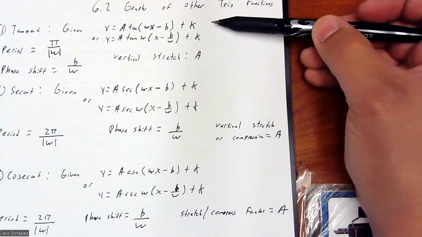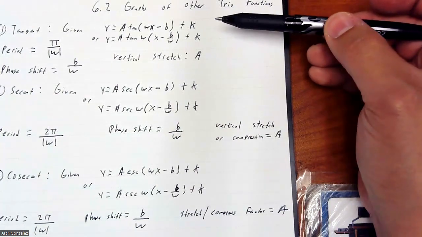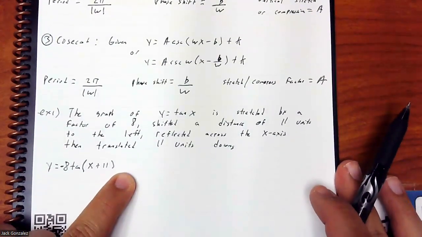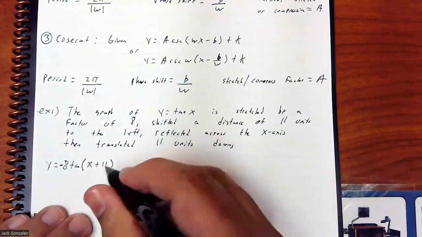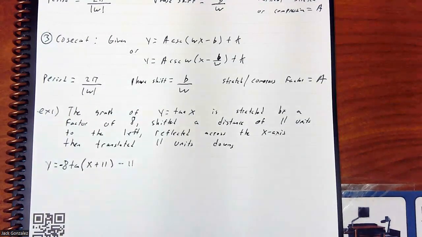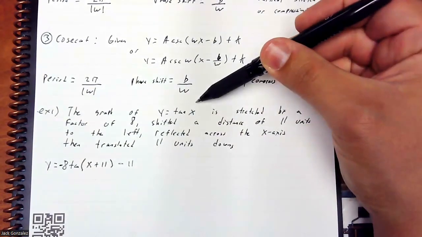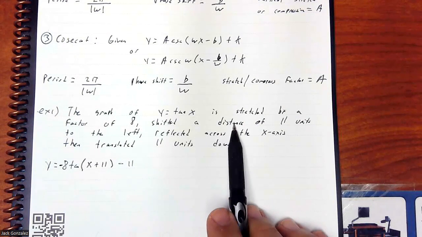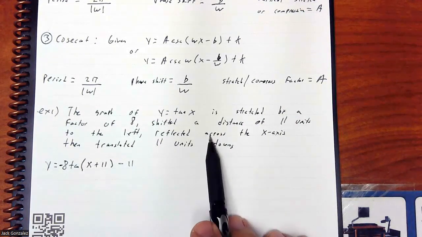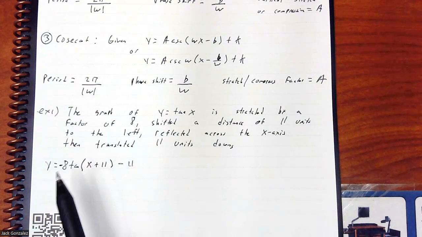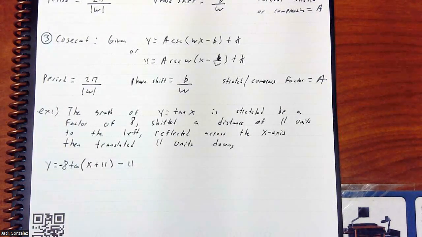The K tells you if it's going up or down, depending on the sign. So what would be outside? Yeah, minus 11 because it shifts it down 11. Okay. So they tell you it's a tangent function. We did this to it, stretched it by 8, shifted it to the left by 11, reflected it, and then shifted it down. So we covered all those things. Okay, is that clear?